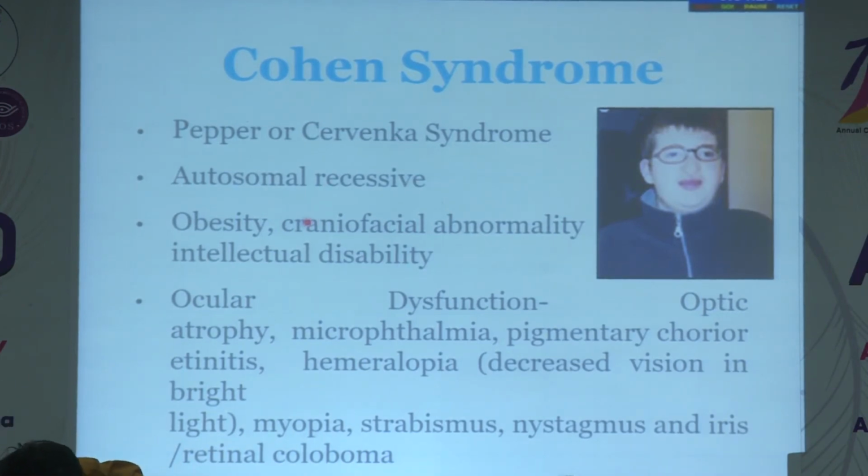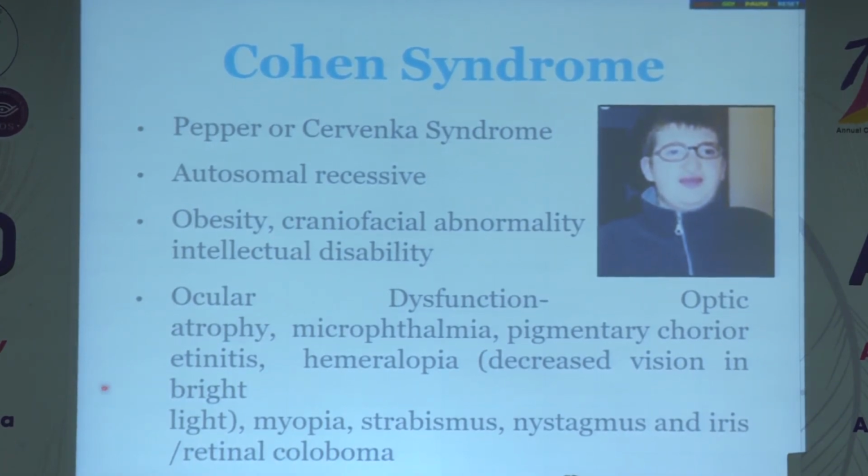It's again an autosomal recessive trait. There's obesity, craniofacial abnormalities, and intellectual disabilities. The children may present with ocular dysfunction such as optic atrophy, microphthalmia, pigmentary chorioretinitis. There may be decreased vision in bright light, myopia, strabismus, nystagmus, and colobomas.